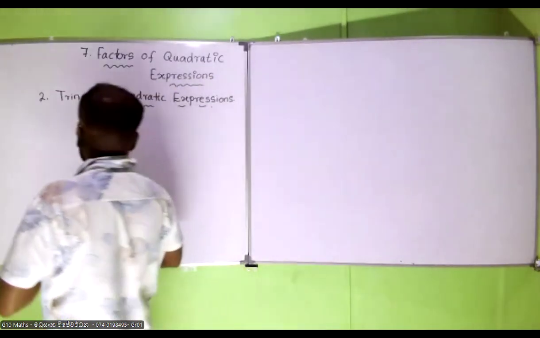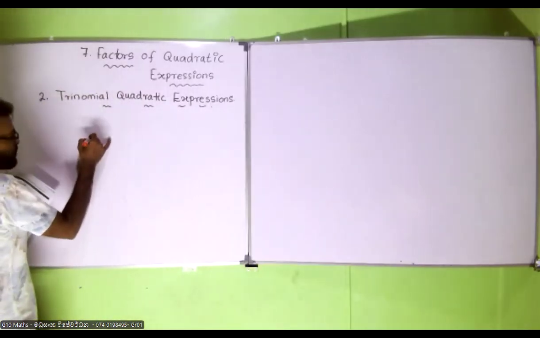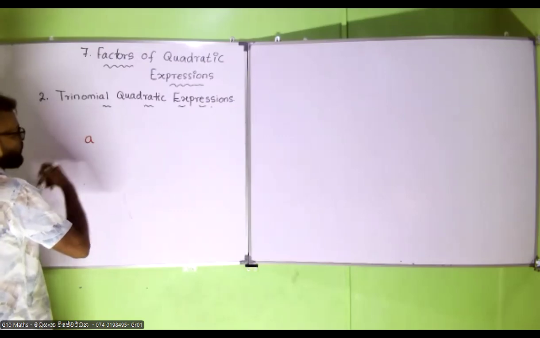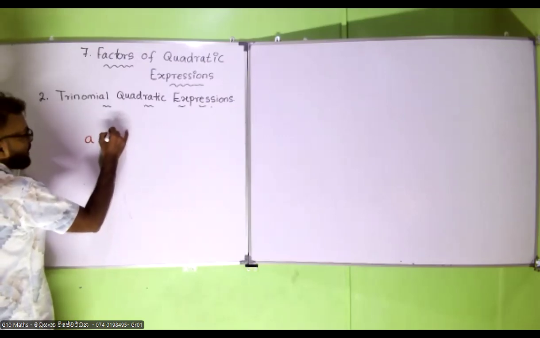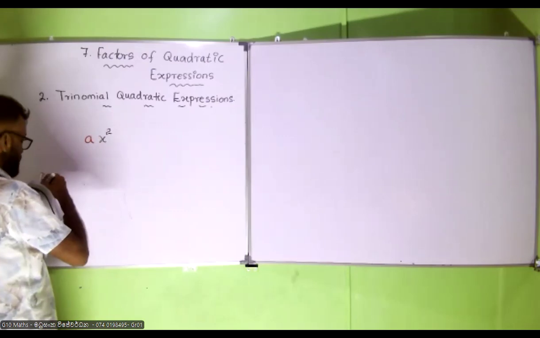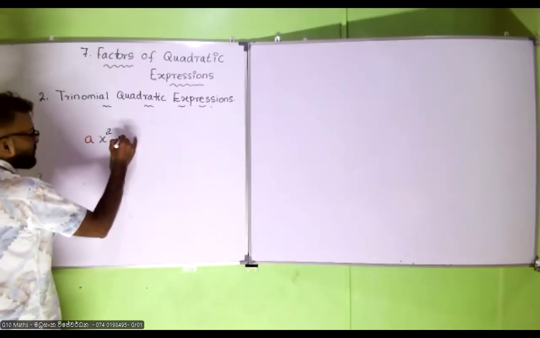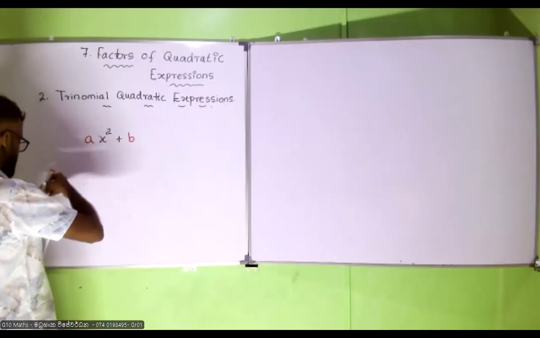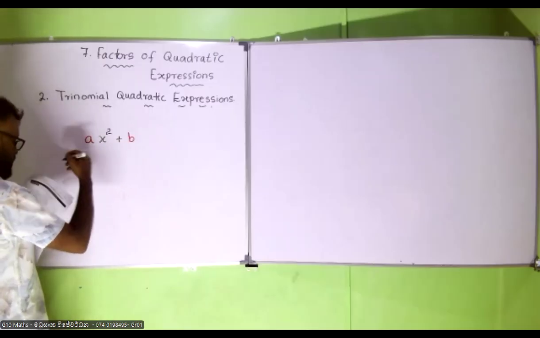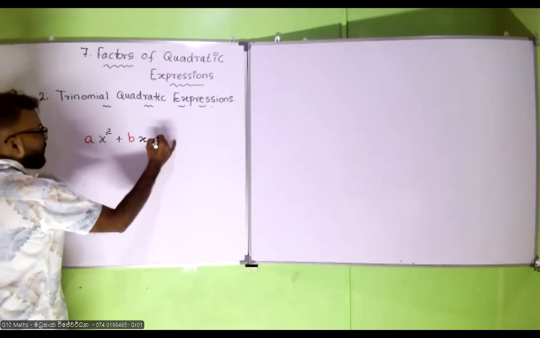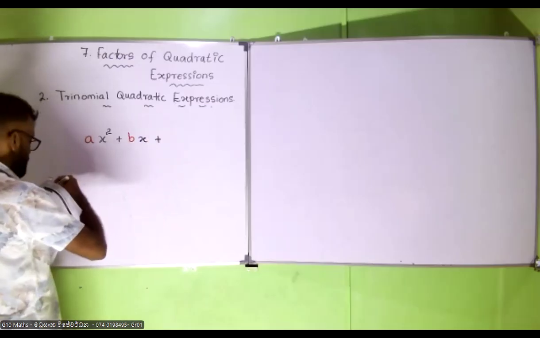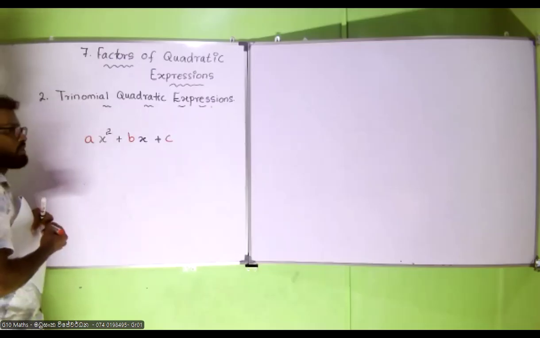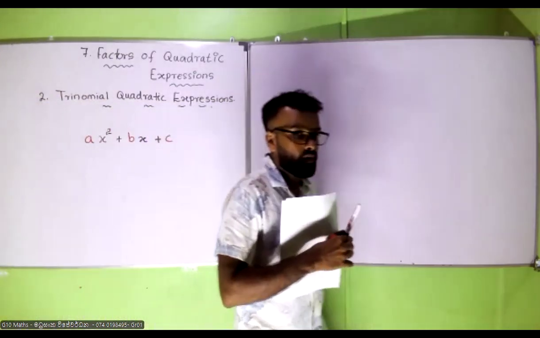So this is the form: a x to the power 2, plus b x, plus c, right?